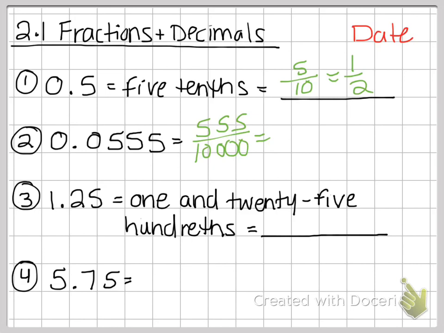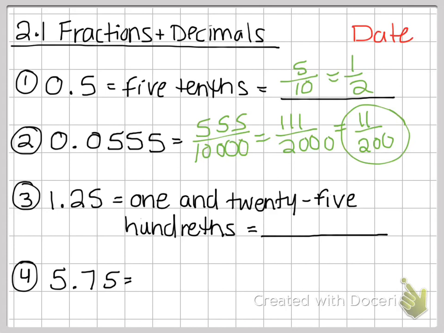I can divide both the numerator and denominator by 5 and get 111 over 2,000, and then divide those numerators and denominators by 10 and get 11 over 200. That is then in simplest form.